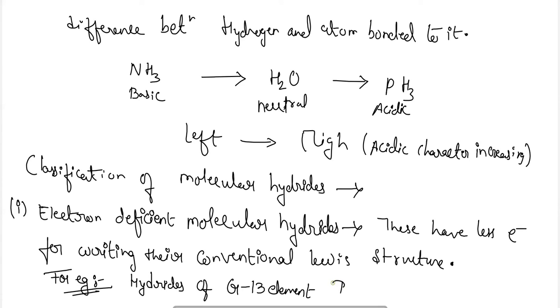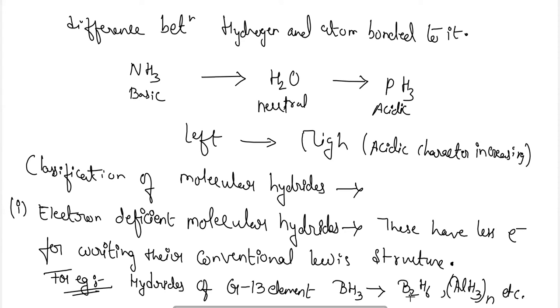For example, BH3 has been formed. The BH3 will exist in the form of B2H6, that is diborane. Similarly, aluminium hydride, AlH3, will exist in the form of (AlH3)n. Due to the deficiency of electrons in order to write down their Lewis structure, they have this kind of nature.